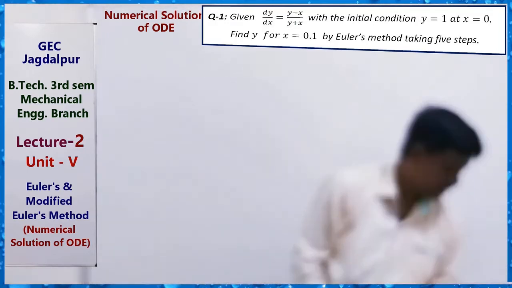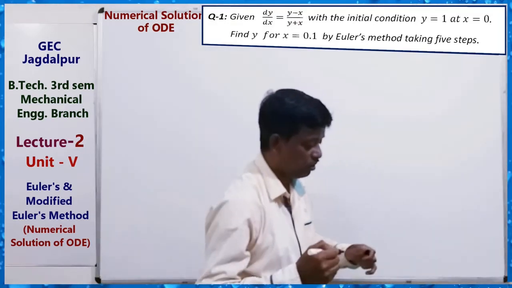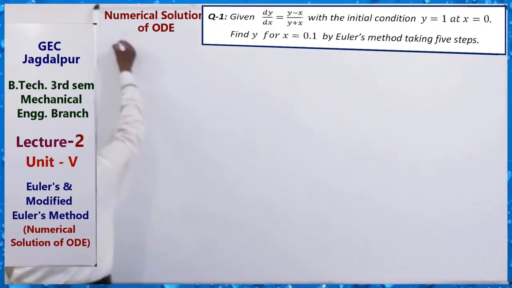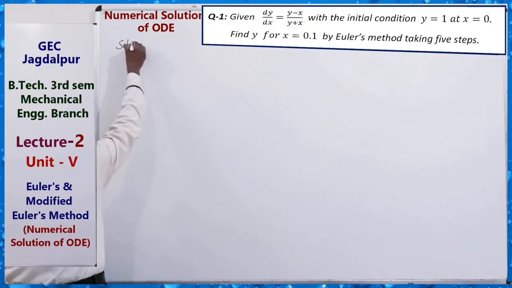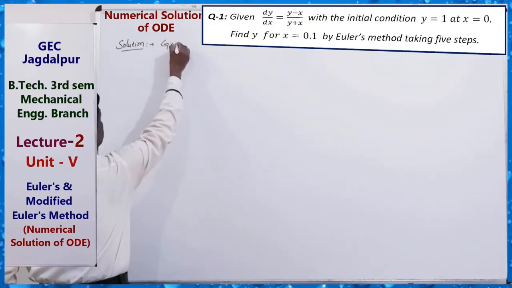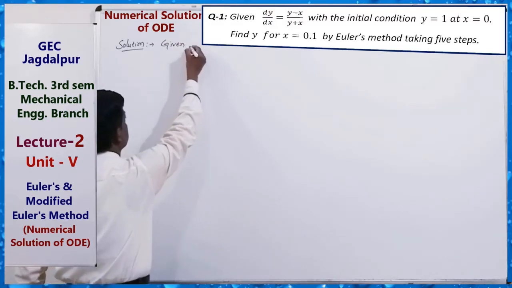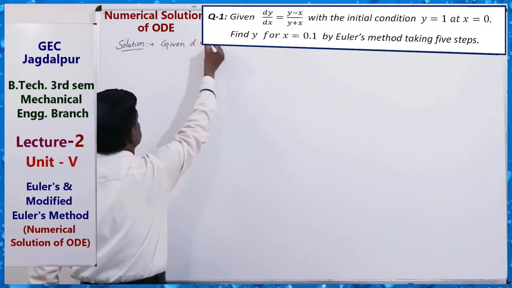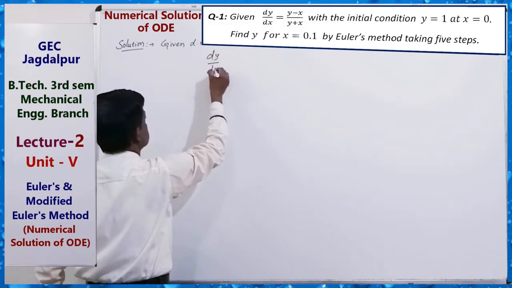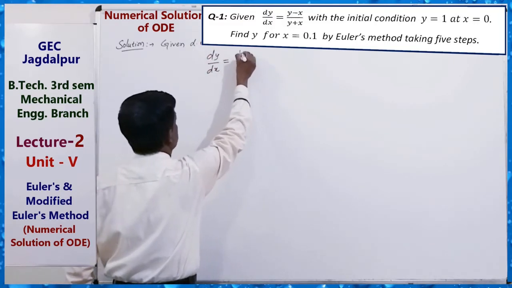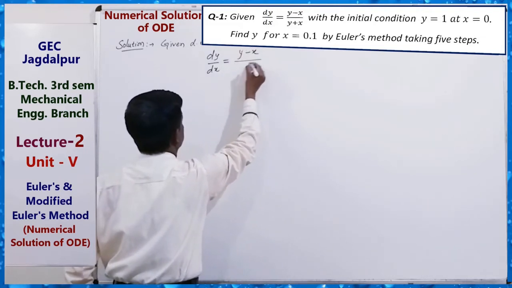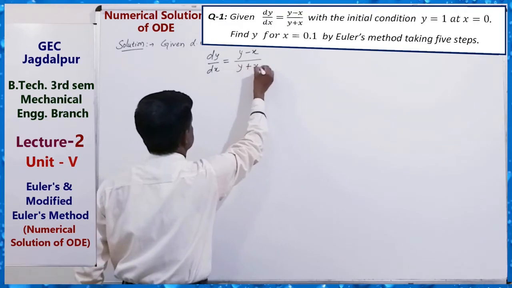Here, given dy by dx equals y minus x by y plus x. Solution. The given differential equation is dy upon dx equals y minus x upon y plus x.